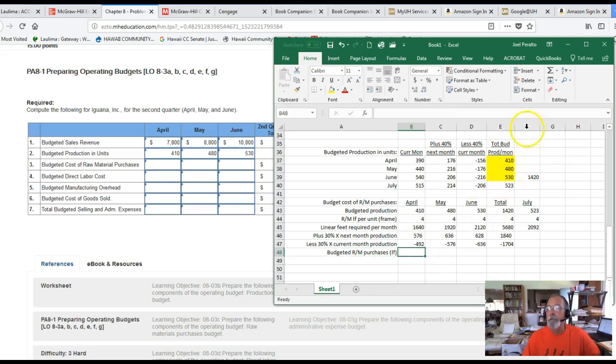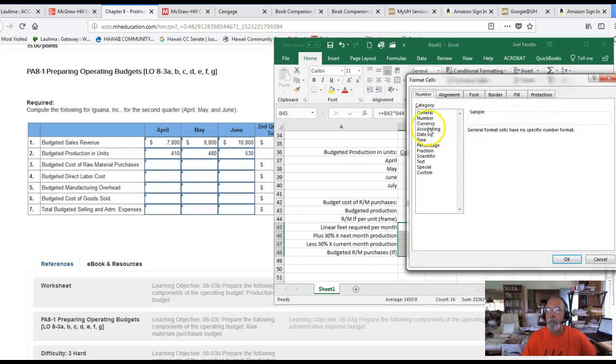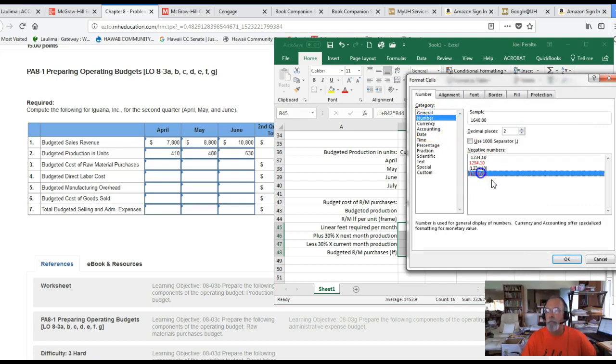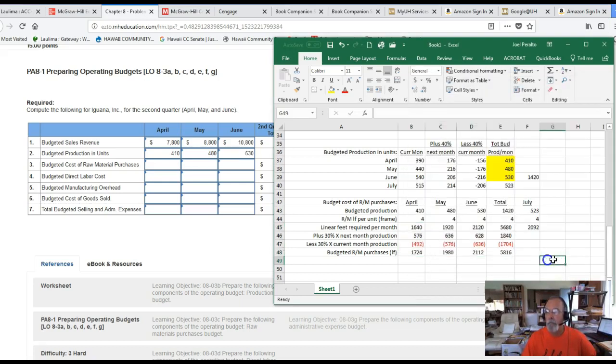Okay, we're working in linear feet. We're back to that. So this is our budgeted purchases in linear feet.